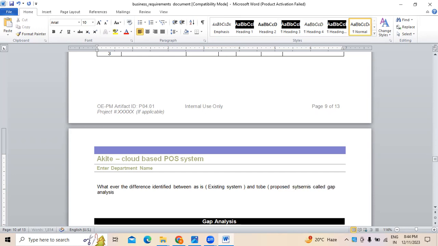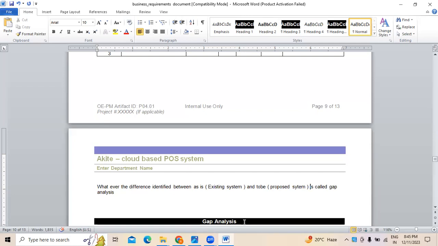Right. So this is generally the differences we see between as is and to be. This is where generally the gap analysis comes in. Because if you see closely, just because we are developing a cloud-based point of sale system doesn't mean we are completely changing the application, because the base level structure of the application, even if it's a traditional management system, remains intact.